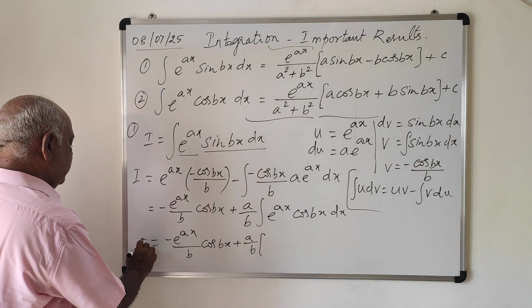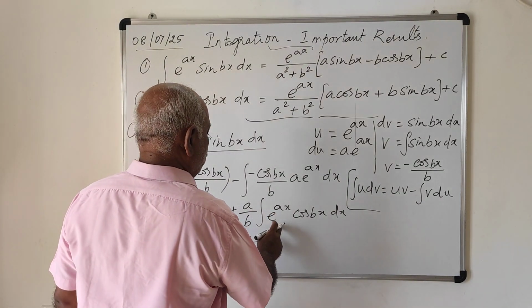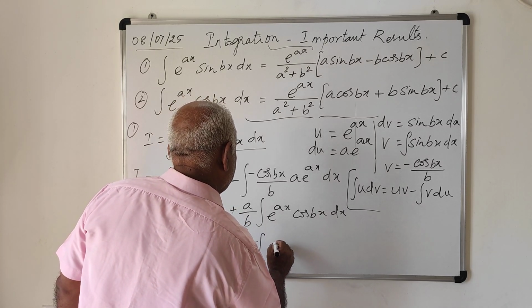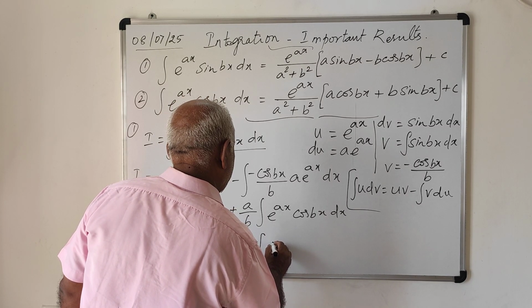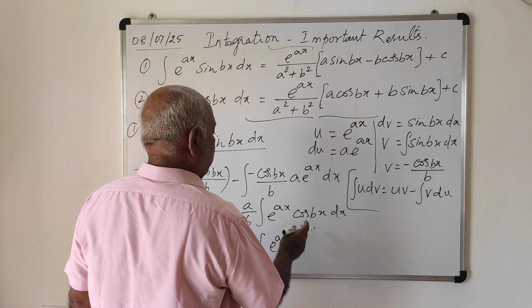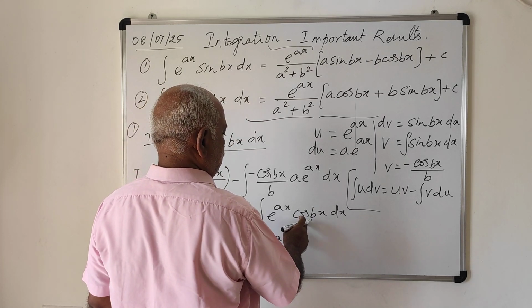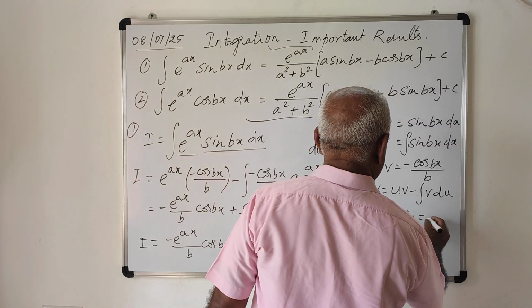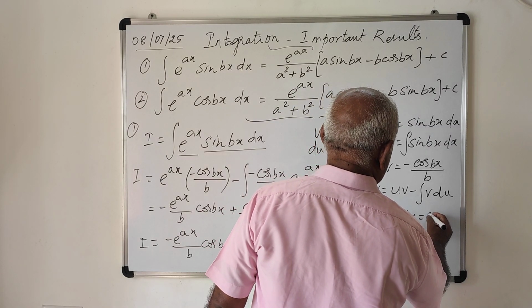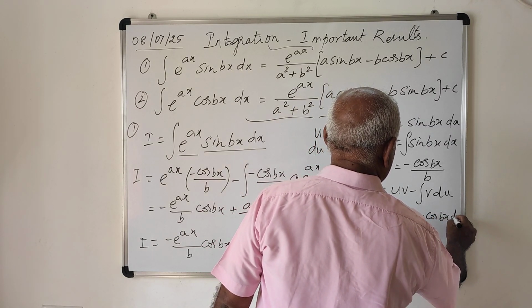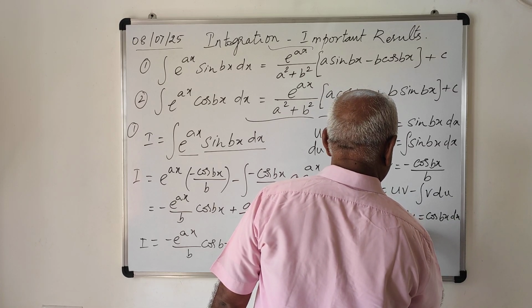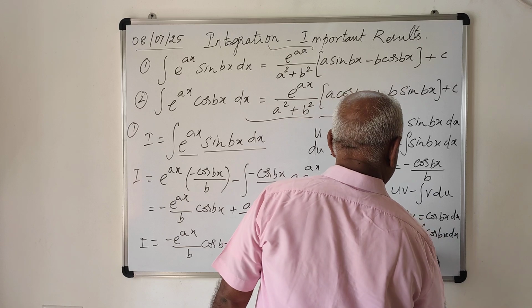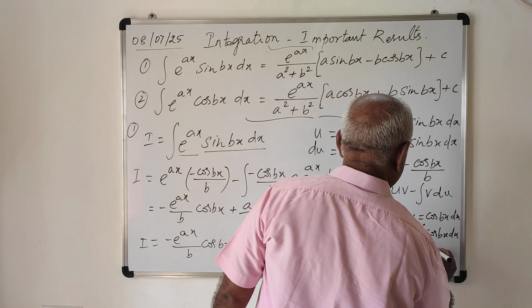Left hand side you have I. Again u dv: u is e power ax, and dv is cos bx dx, so v is integral cos bx dx, and integral cos is sin bx by b.